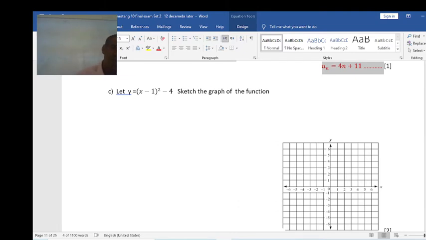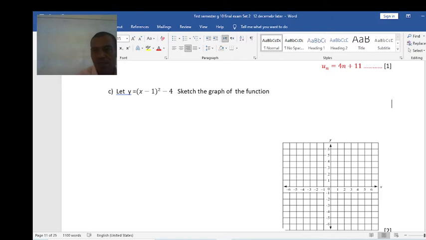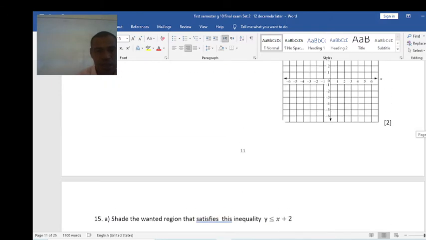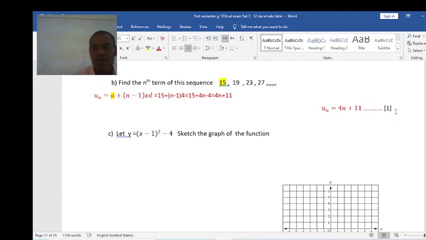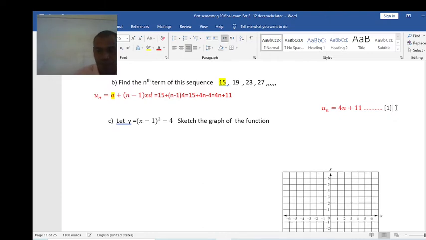Now, sketching the graph. Let y equal x minus 1 squared minus 4. To sketch the graph, first, my learners, you should find the axis of symmetry. The axis of symmetry is x equal to 1.